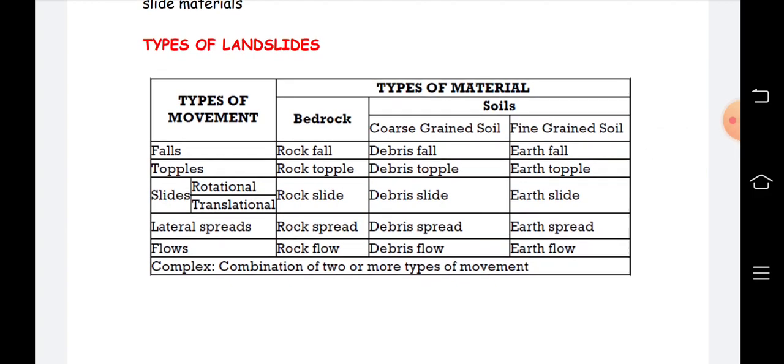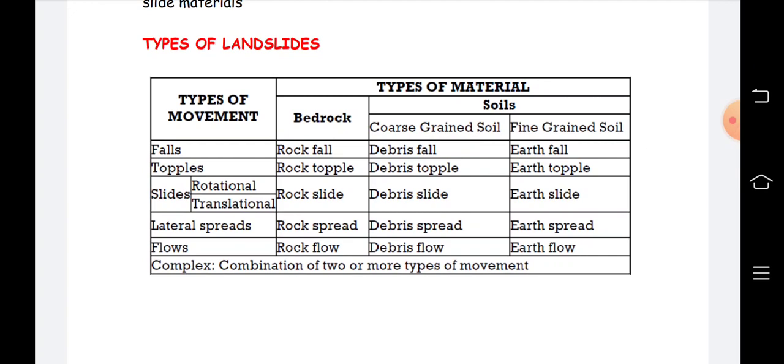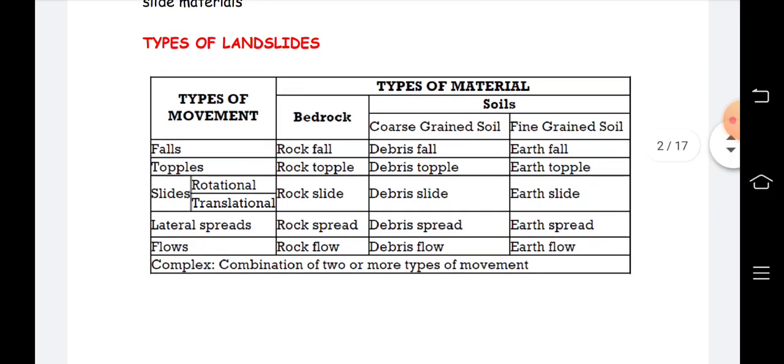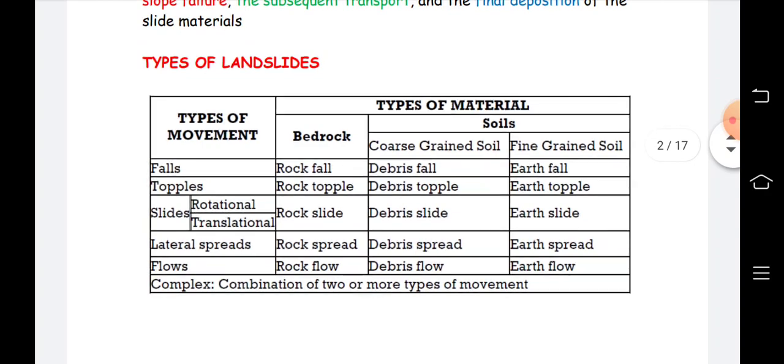It is called a rock fall for bedrock, a debris fall for coarse grained soil, and an earth fall for fine grained soil. Then the topples. For bedrock, it is called a rock topple, for coarse grained soil a debris topple, and for fine grained soil an earth topple.